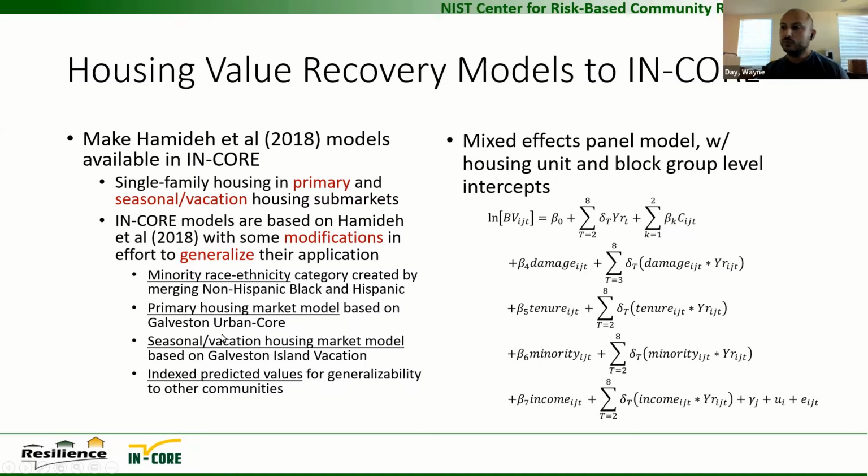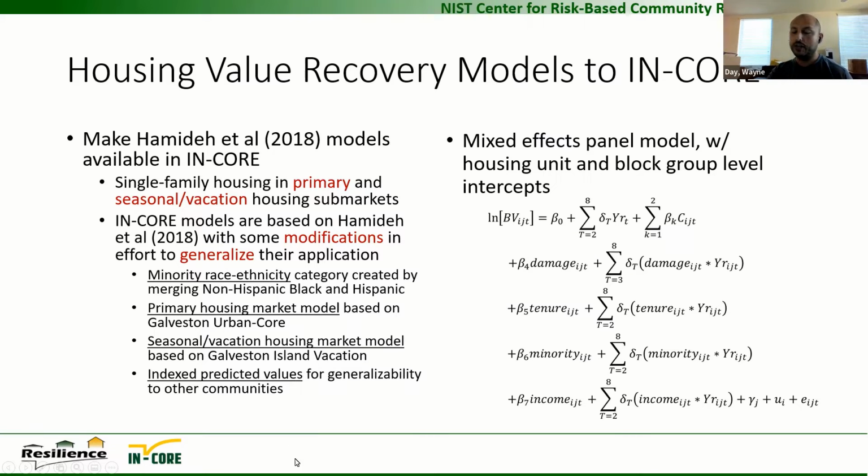Specifically, we combined non-Hispanic Black and Hispanic into a single minority race category. Originally, Black and Hispanic were separate estimated coefficients. Now we've combined those into one minority category, so that minority can be different based on the community.